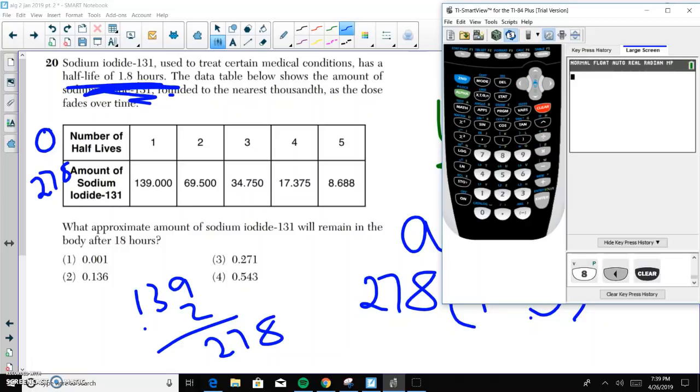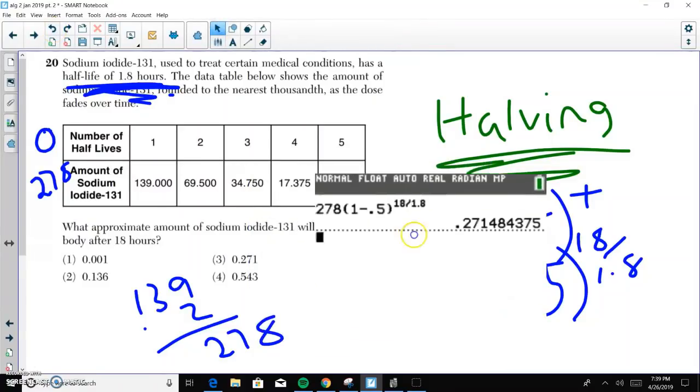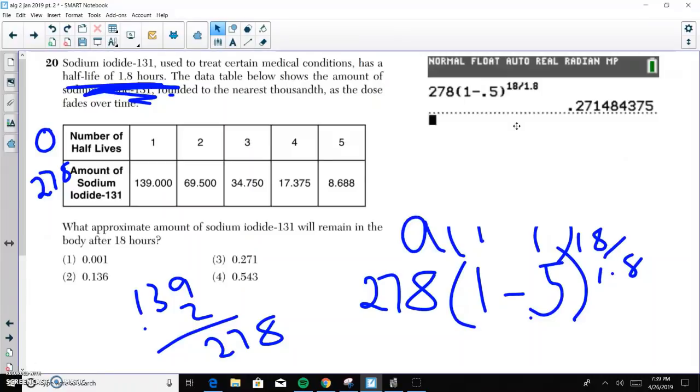Sorry about that. 278, parenthesis, 1 minus 0.5, close parenthesis, to the 18 over 1.8 power. Okay, and then you do equals. So that's 0.71. So 0.71.